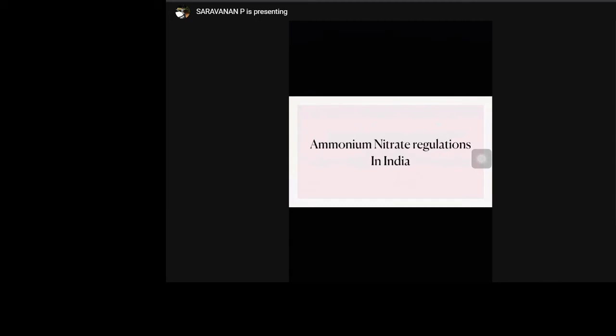The two regulations control ammonium nitrate in India. So our laws are very strict. Without permission, we cannot store ammonium nitrate. If someone stores it, they will be strictly prosecuted.